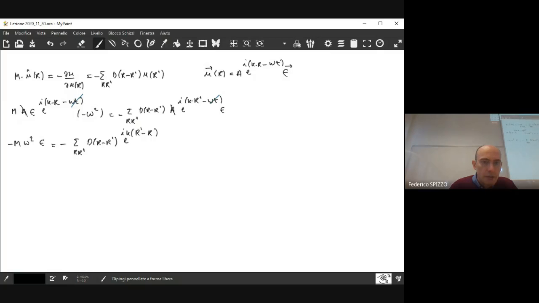Here I do not have the double summation because I made the derivative with respect to r, so I have to drop the summation over r. So this is not correct. I just have the summation over r prime because I was making the derivative with respect to u of r, so no summation over r.